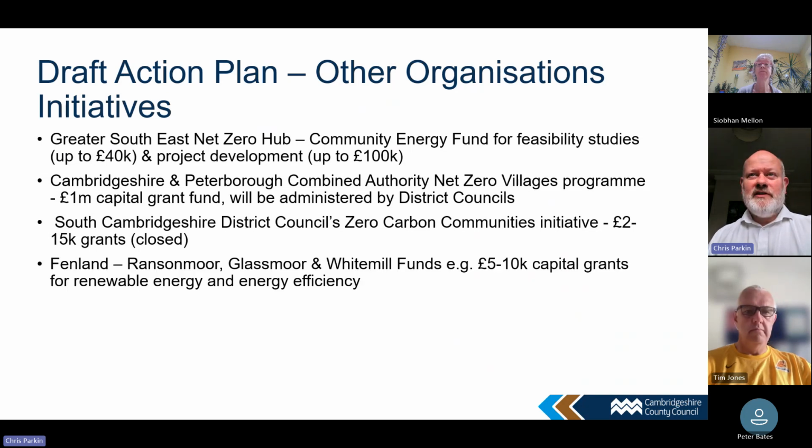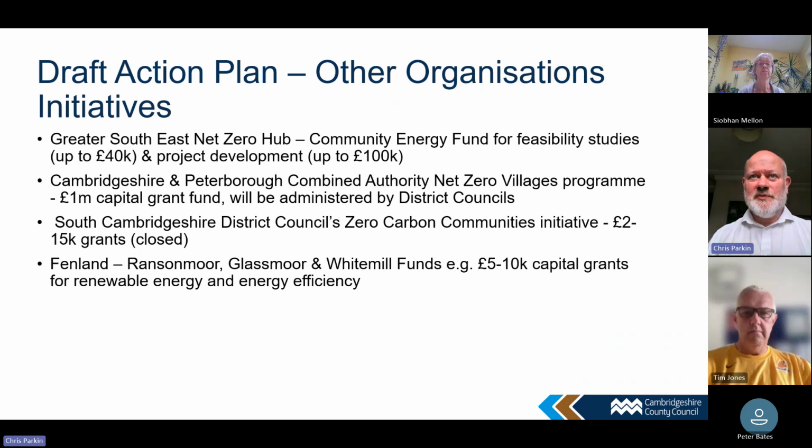In Fenland, there are a number of very locally specific grants available. So these are capital grants that were provided by wind farm developers when their projects were approved.